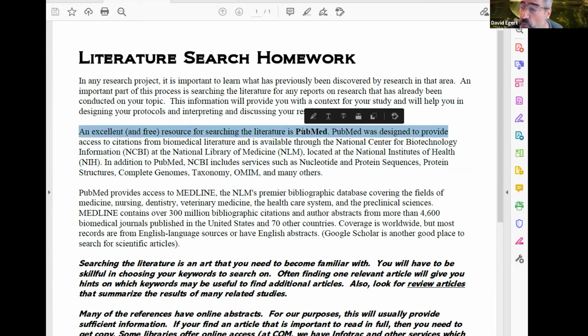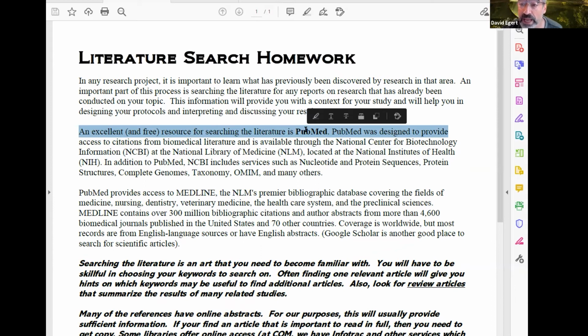So this is going to be one of the good access points to search all of the scientific literature having to do with medical things, and see what's out there. Again, I'll show you more details in a few moments. There are other ways to go as well. Google Scholar is useful too.